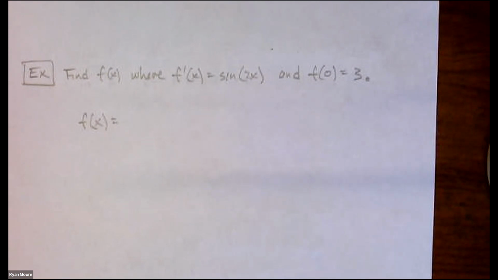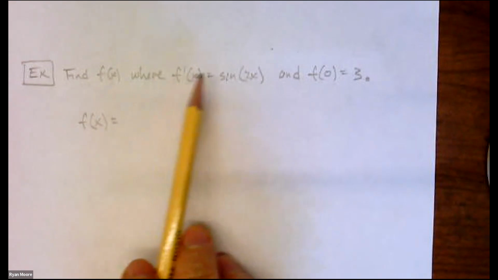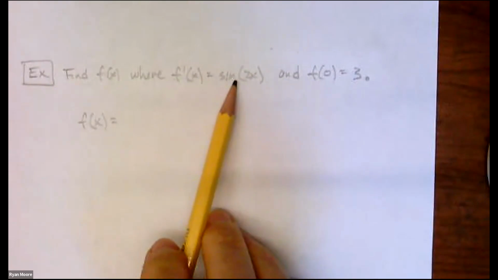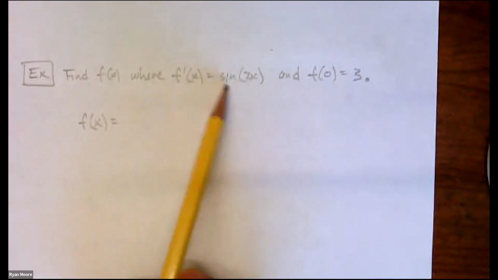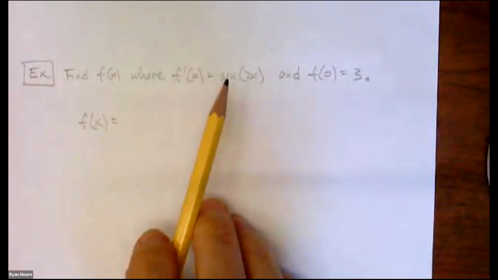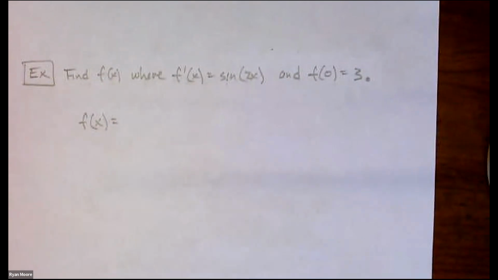Okay. Let's see, thinking about this, if f prime is sine of 2x, we can see somehow there's a chain rule happening here, right? We got the sine and then we got the 2x. So let's think about each piece. What's the antiderivative of sine? Well, the derivative of cosine is negative sine.